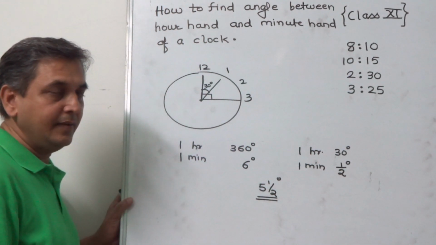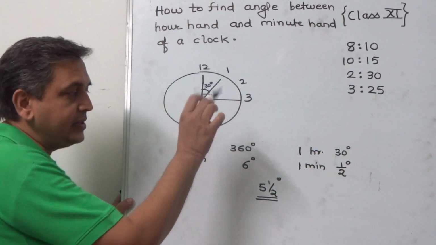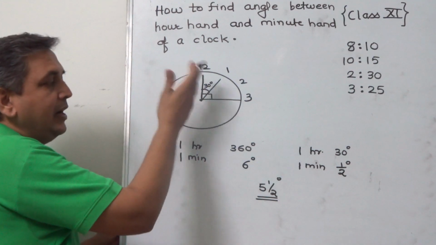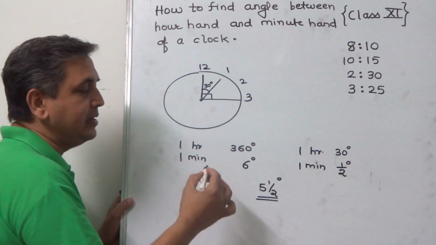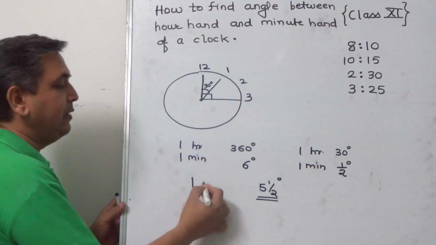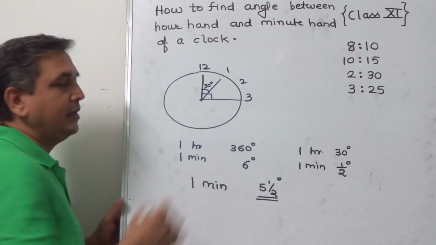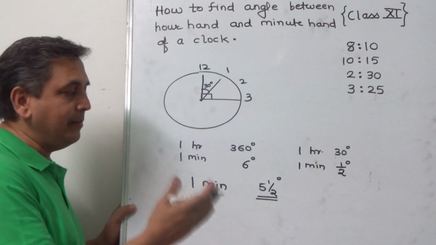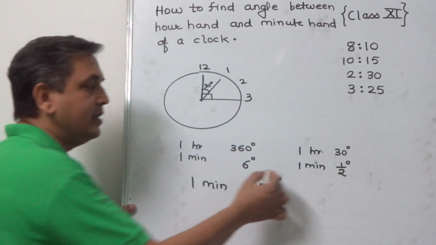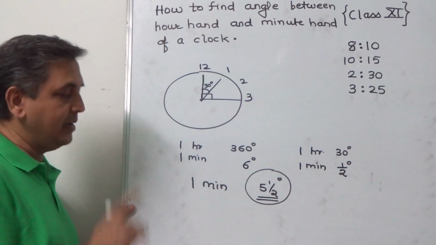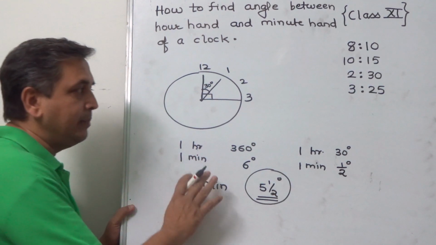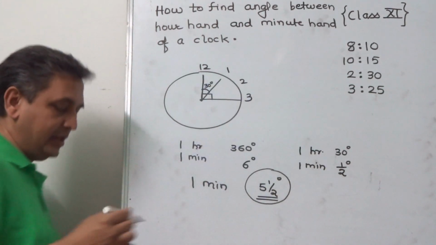Is this clear? The minute hand moves 6 degrees, but at the same time the hour hand moves half a degree. So we have to remember this value, 5.5 degrees per minute. If we remember this, we can go for these questions.